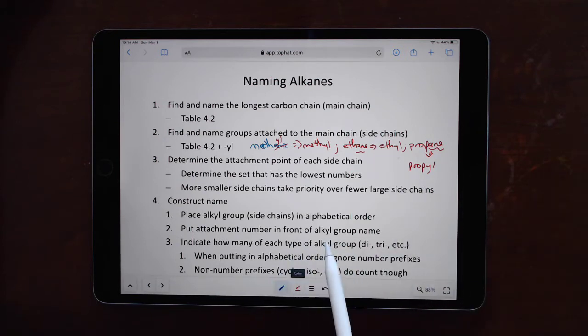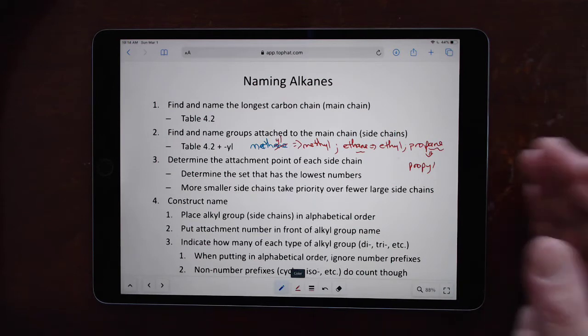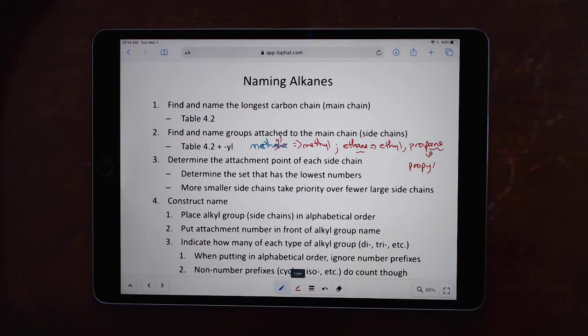Now for the side chains, we have to indicate where those side chains are. So we're going to put the numbering out front to say this one's at this carbon here, and we're going to list those in increasing order out front with a comma. So we put it in alphabetical order, ignoring the number prefixes.